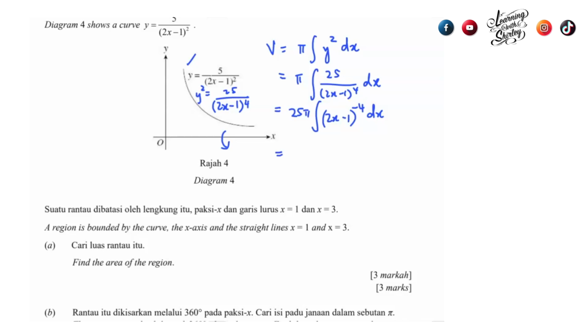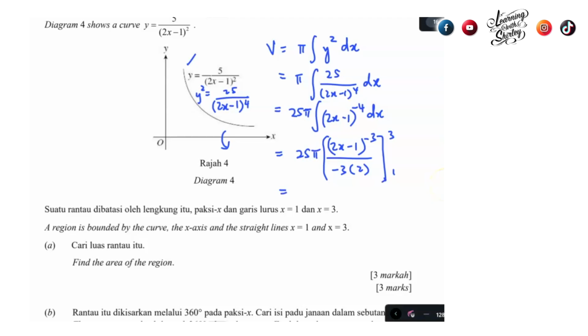So equals 25 pi, and when we integrate this, it would be 2x minus 1 whole thing, with the -4 plus 1 becoming -3, over -3, then 2. From 1 to 3.